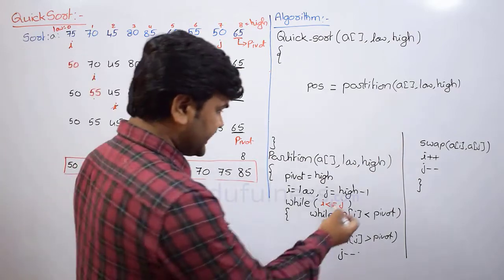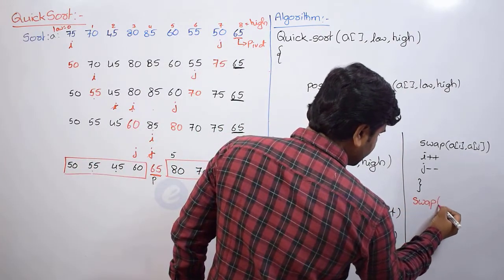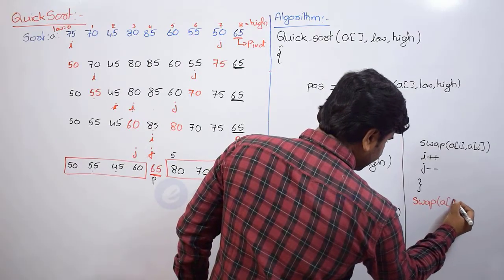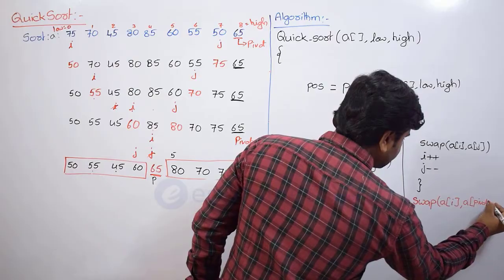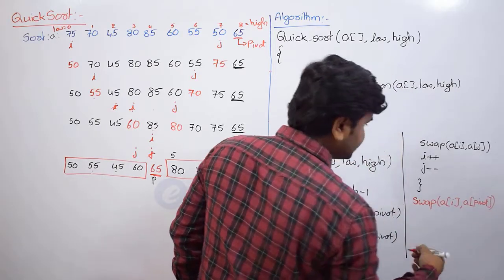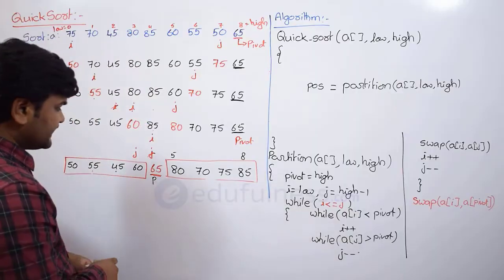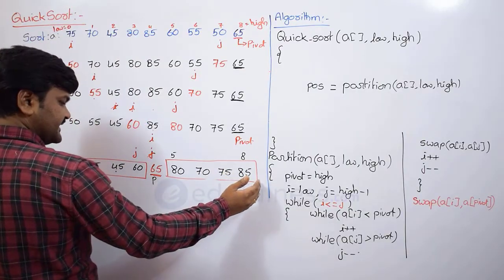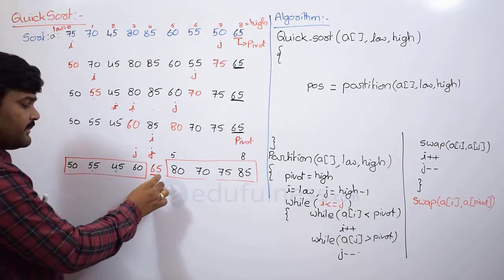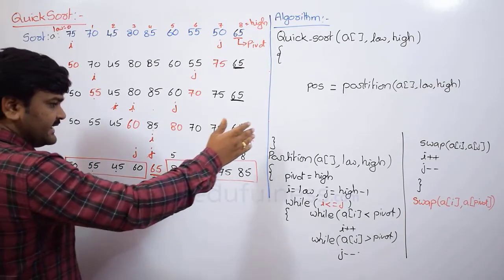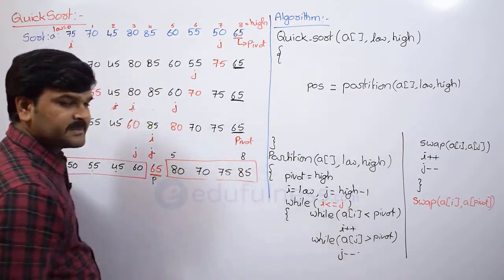So let us write down the main step here, that is swap of A of i comma A of pivot actually, because pivot is going to have its index. So that is why swap is performed. That means this has happened. Pivot came to here. But here you see, this entire work you did when you call this partition function.